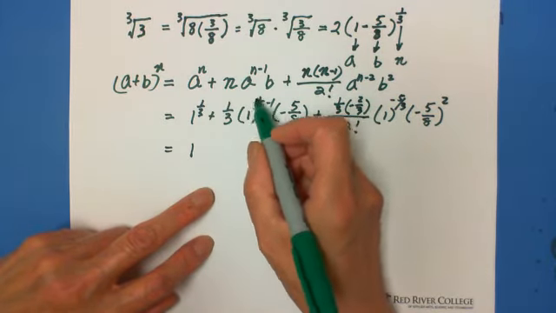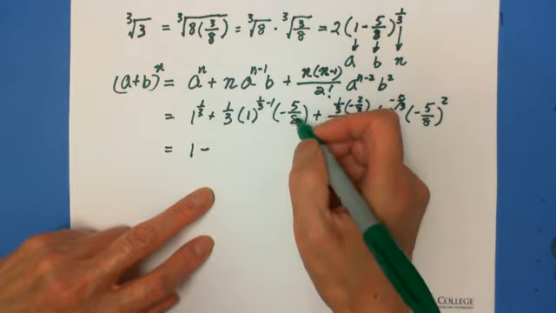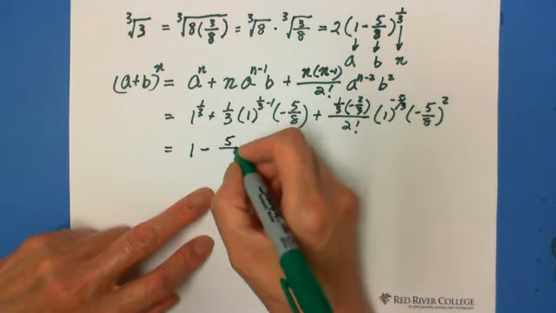Any exponent for 1 is still 1. So this term is minus 1/3 times 5 over 8, which is 5 over 24.